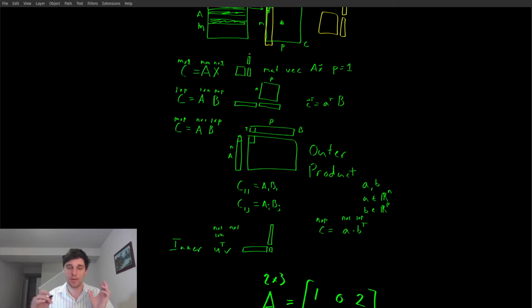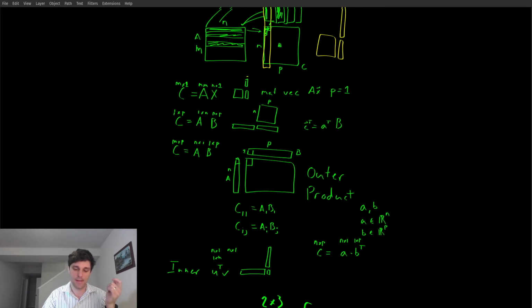So big picture, the most important thing is we're adding this new thing, matrix multiply. It works exactly like matrix vector multiply, but each column of the output matrix is a matrix vector multiply with the column of the right-hand side. And the units check that you need to do in your head is to get used to this: m by n times n by p is m by p.